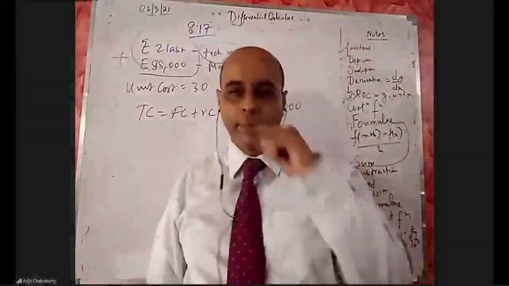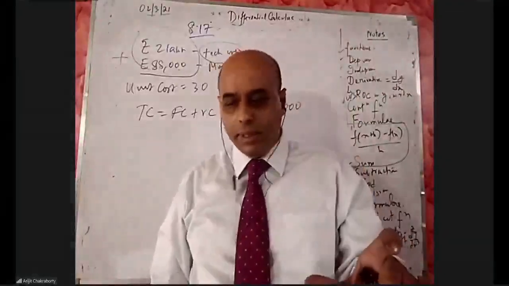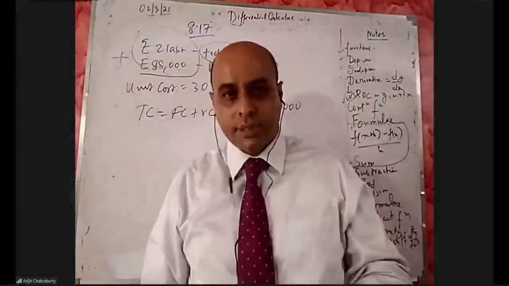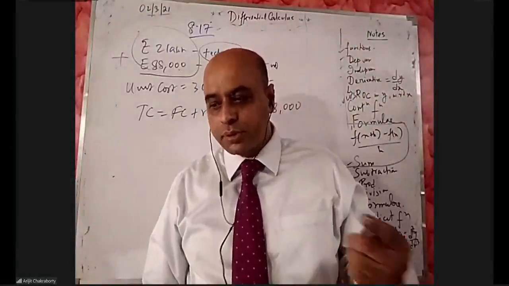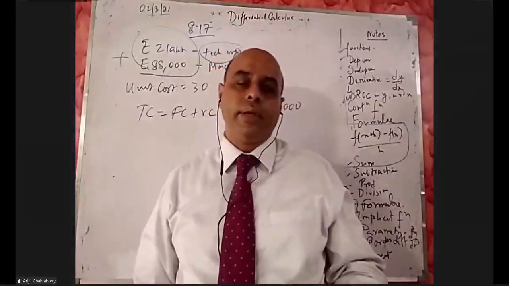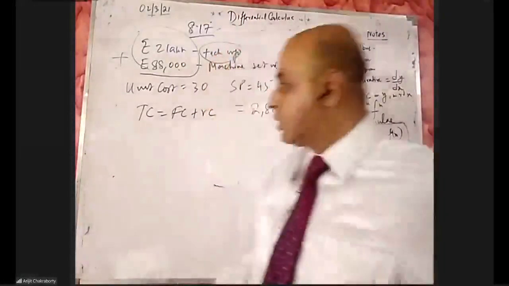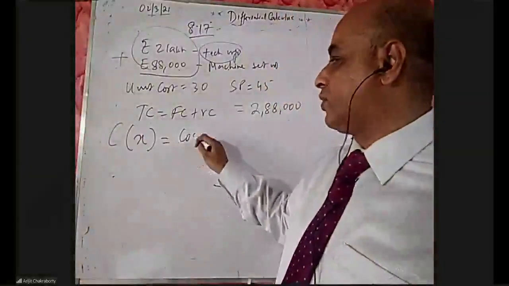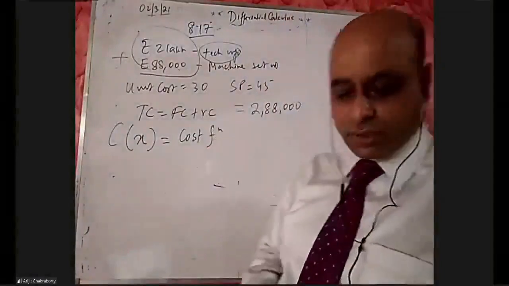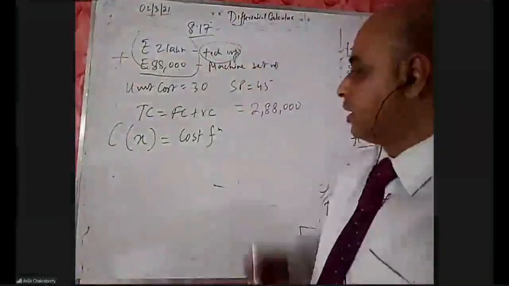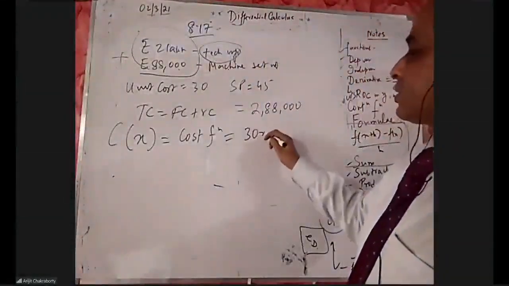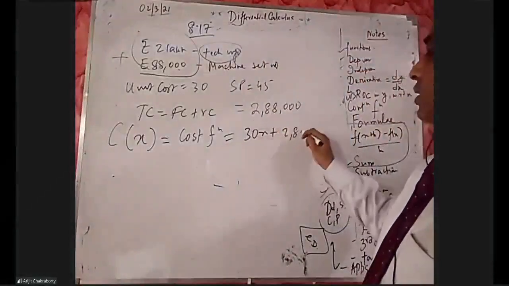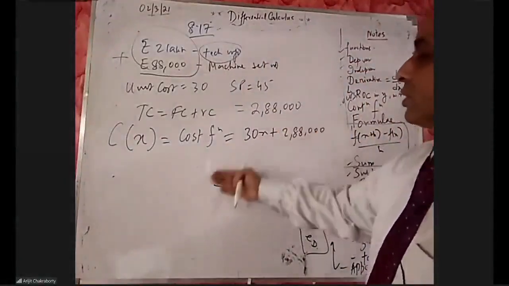So to produce 1 unit, you are spending 30 rupees. To produce X units, you will incur 30X. So the cost function C(x) I can write simply as 30x plus 2,88,000. This is my cost function.